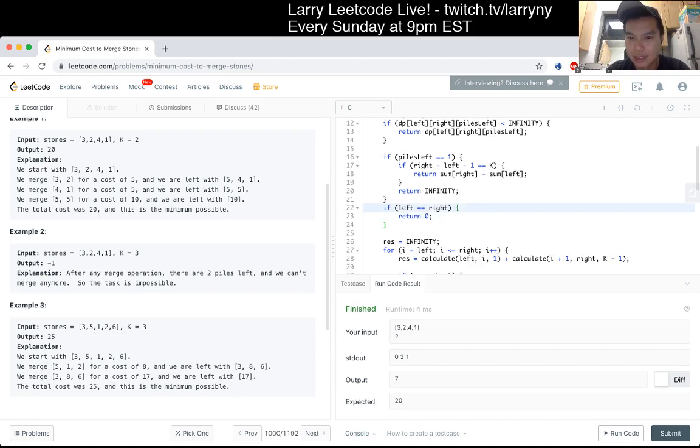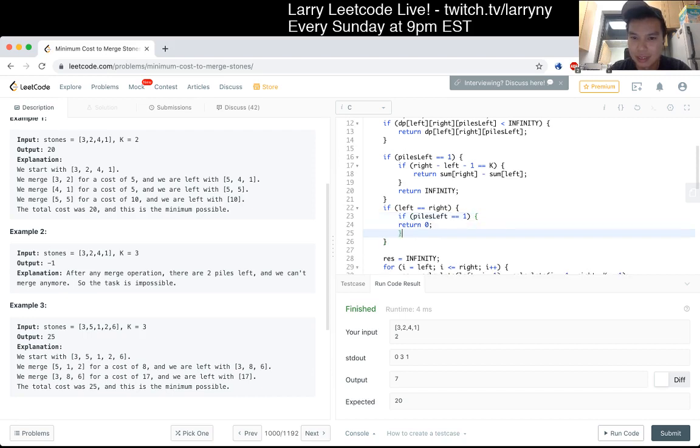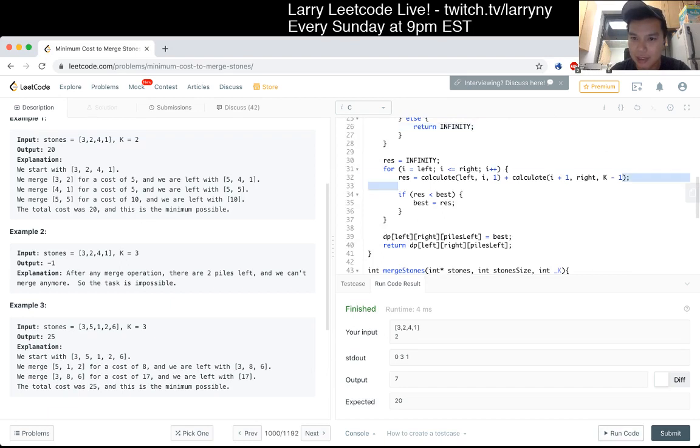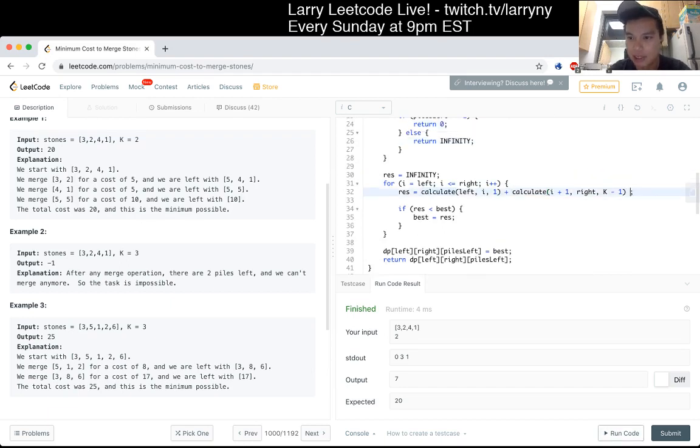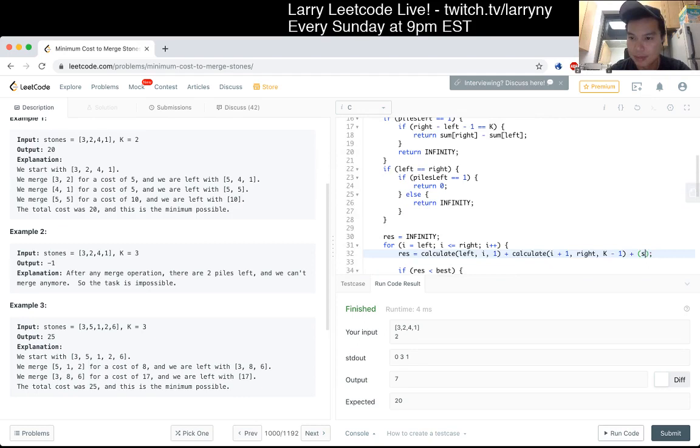Unless power is, but oh, this is like 1, which I guess is actually already taken. No, maybe not. I don't know. Return infinity. So you needed multiple powers. And then this is just merging these, so you need a cost, which is, again, this might be off by 1, so double check.